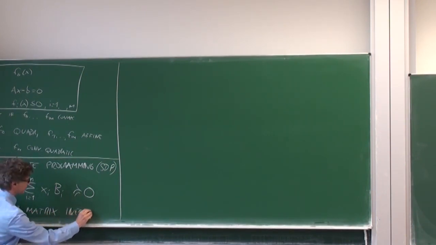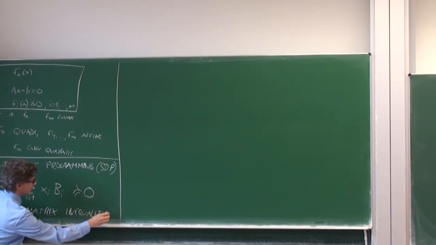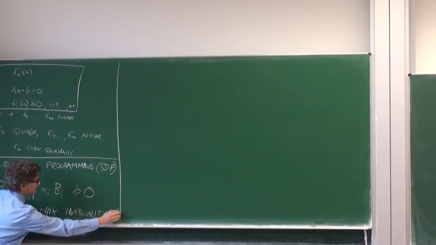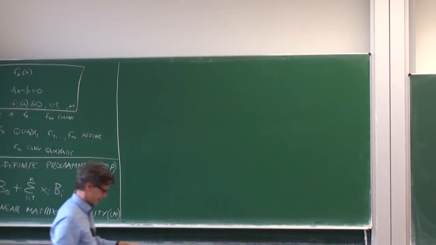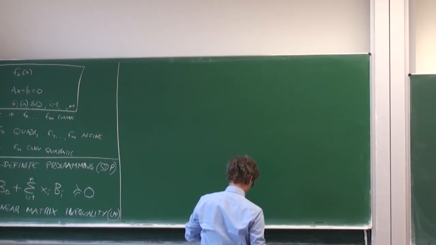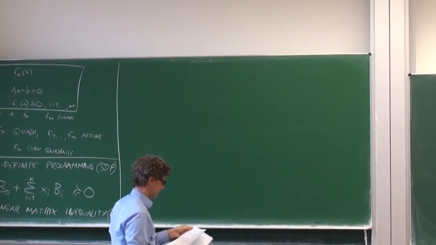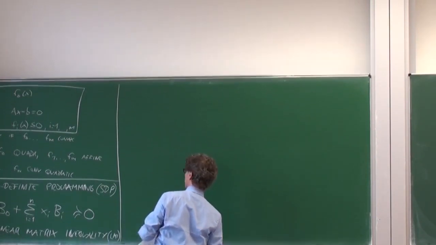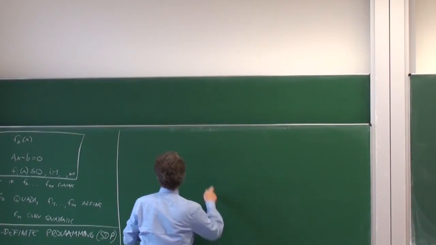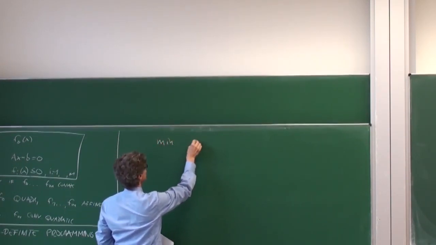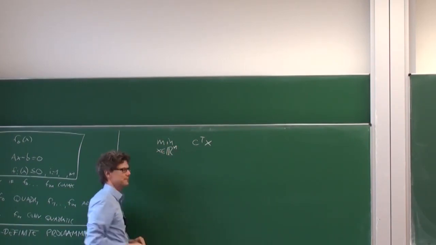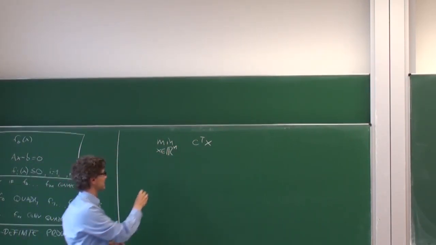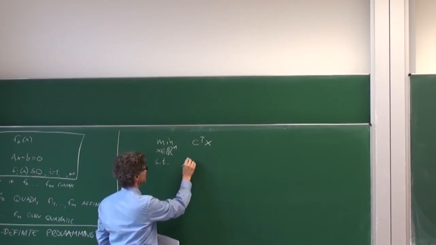Abbreviated LMI, we mentioned that already. If you have such a constraint instead of the inequalities, then we say we have an SDP. So what does a general SDP look like? A general SDP looks like an LP: it has a linear objective function and a decision variable x, and then it has linear equality constraints.